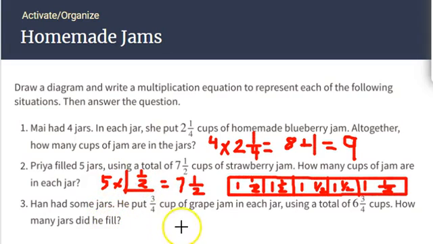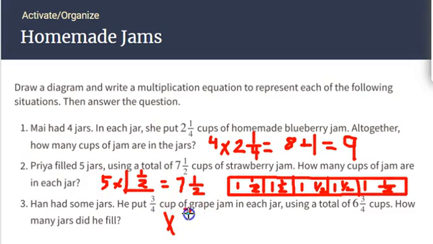Han had some jars. He puts 3/4 of a cup of grape jam in each for a total of 6 3/4 cups. How many jars did he fill? Well, this is very similar to the previous one, right? Here, we didn't know the total in each jar.